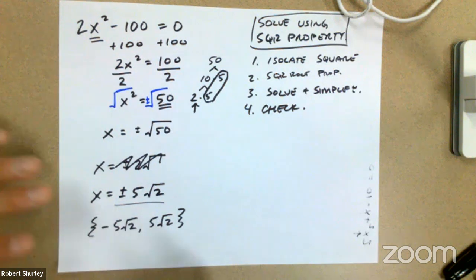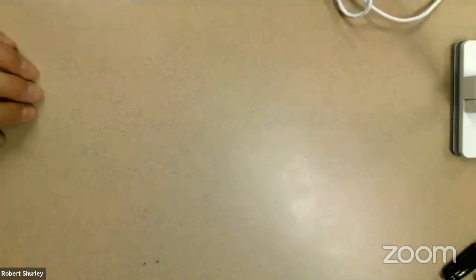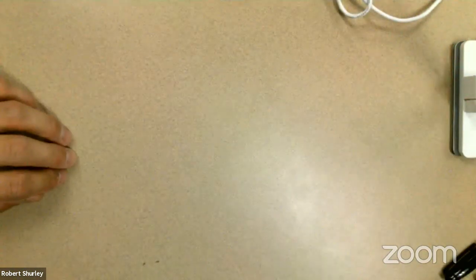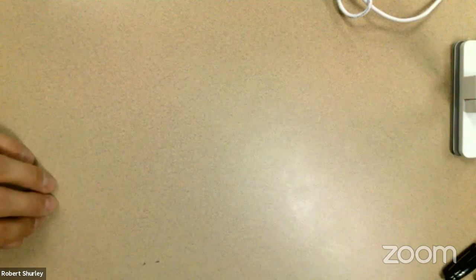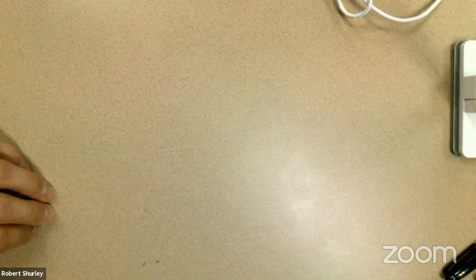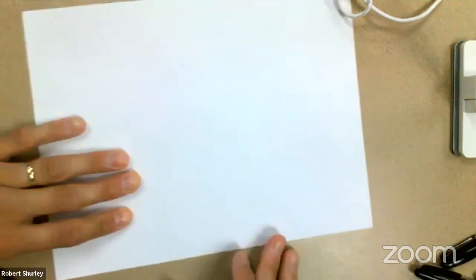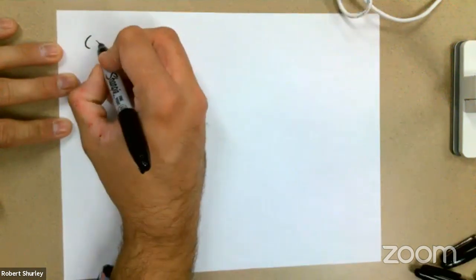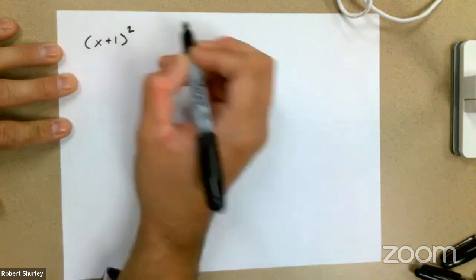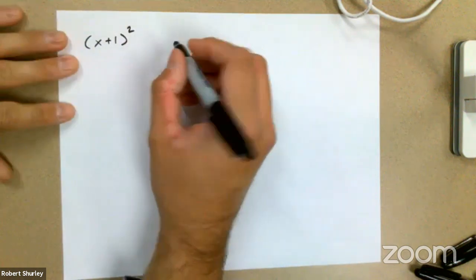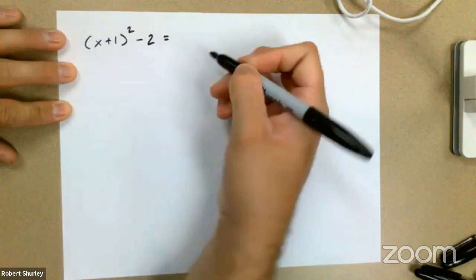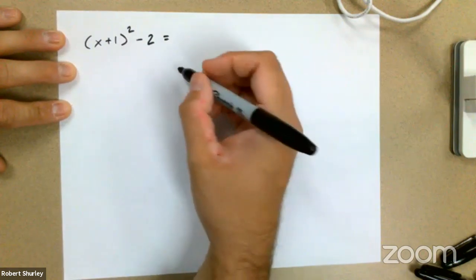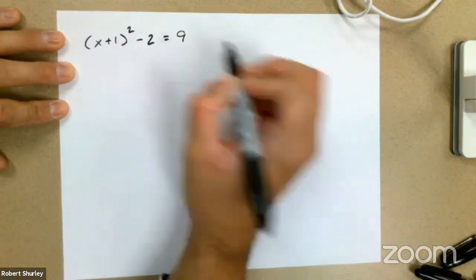So let's see here. Let me find another one that looks a little different that we're going to have to solve a little bit for. So let's say we had x plus 1 squared minus 2 equals 9. Why not?